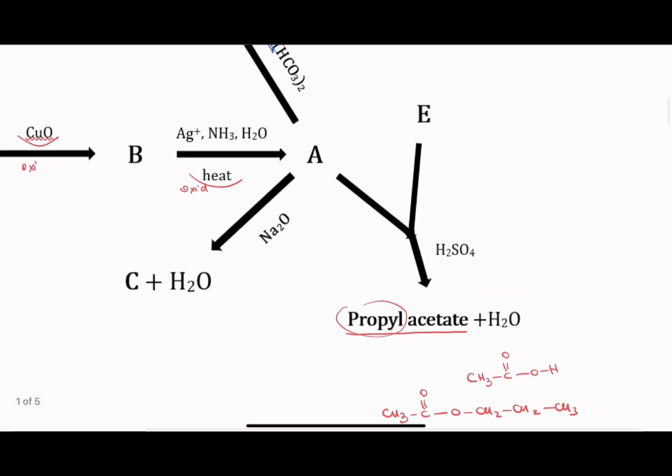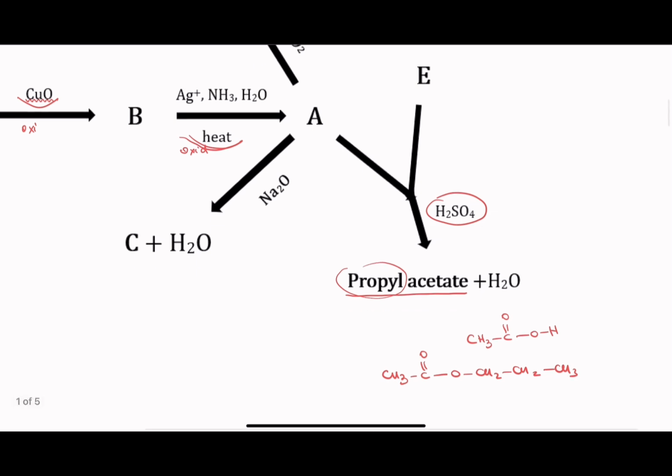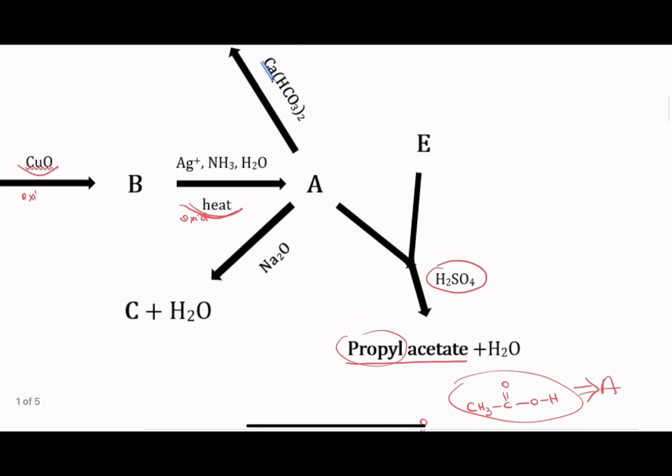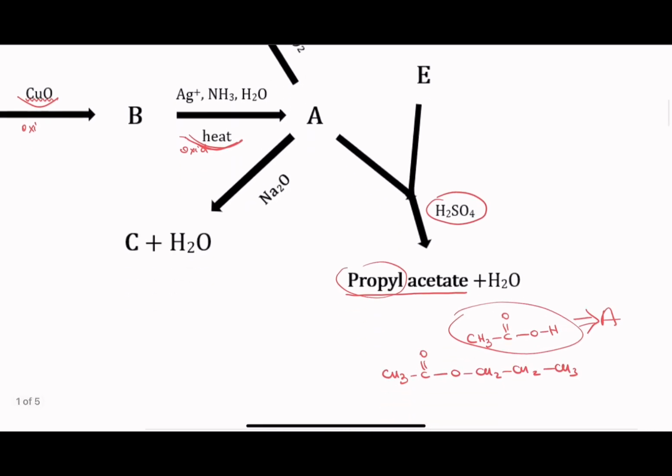Now, this is an esterification reaction. We know that propyl acetate was made, and there is an oxidation where the silver mirror test makes a carboxylic acid. So we know that A is going to be acetic acid. This is our A because it was formed by oxidation. And then B is going to be just the aldehyde version of that.